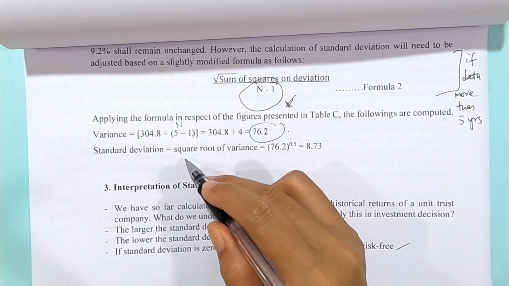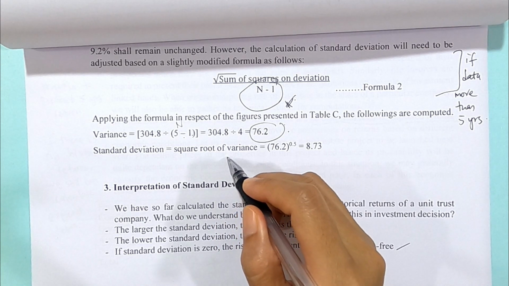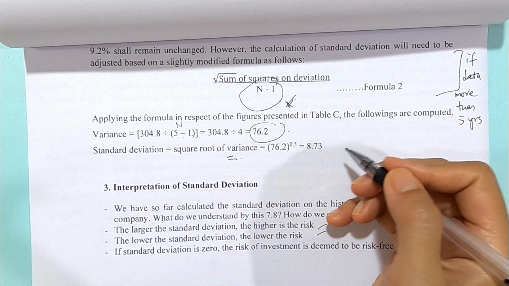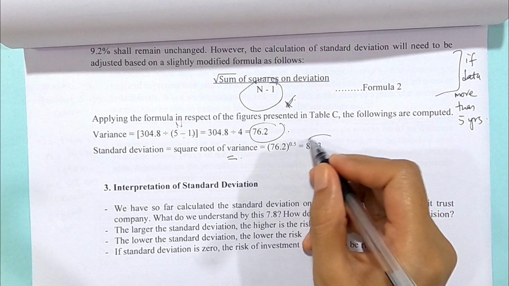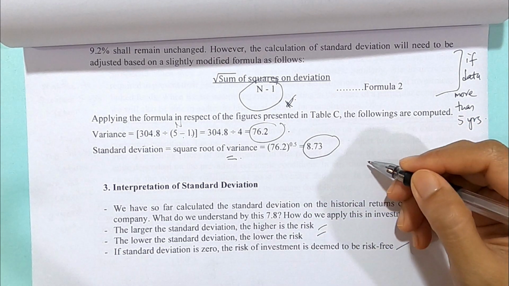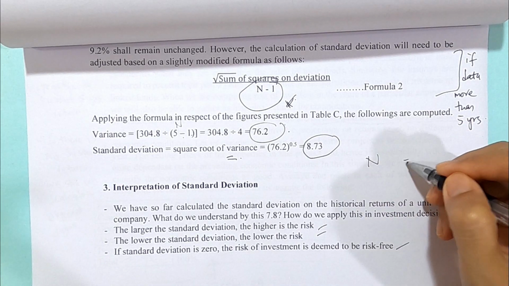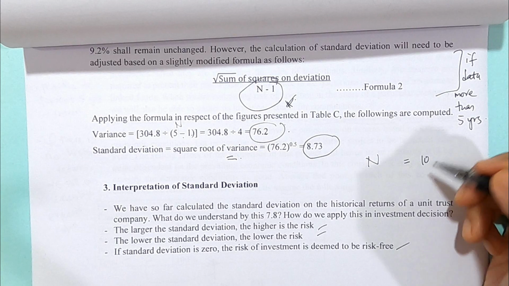And once we want to get the standard deviation, we have to use the square root of the variance. Then we can get the square root of variance when the n, or the number of years, is considerably high, like 10 and above.